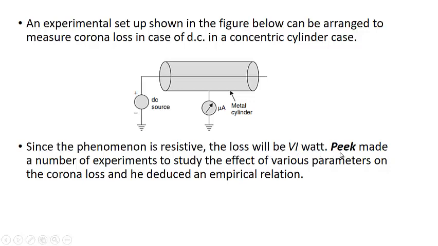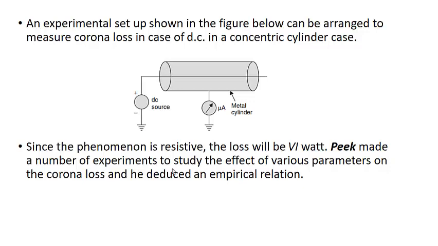Peek, the scientist who actually discovered this loss, gives us the formula to calculate the corona loss. He made a number of experiments to study the effect of various parameters on this corona loss, and hence he deduced an empirical formula.